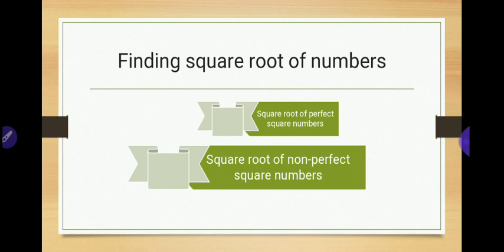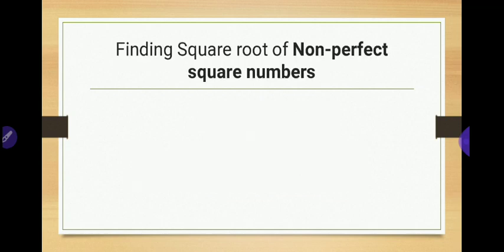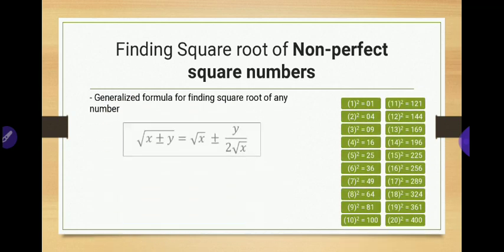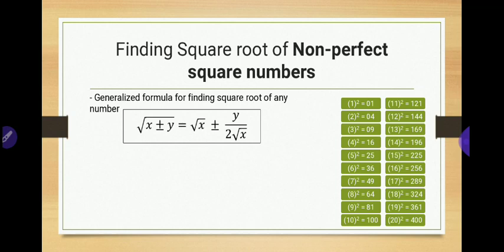How to find the square root of non-perfect square numbers? For that purpose we have one standard, generalized formula for finding the square root of a number, that is, square root of x plus or minus y is equal to square root of x plus or minus y upon 2 root x.